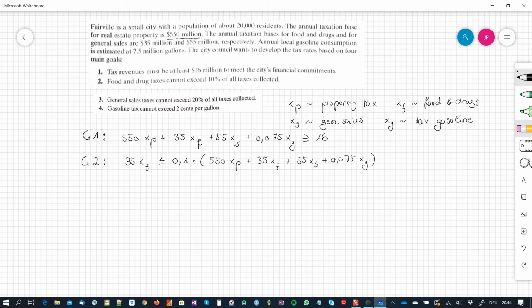And now you see that the forms of the formulas are not the same.